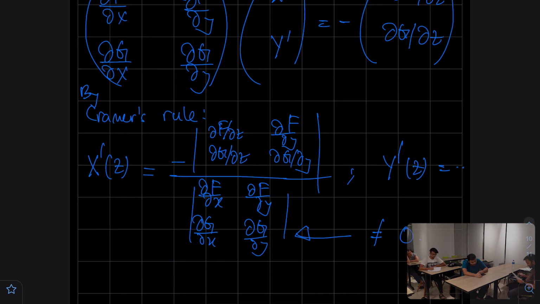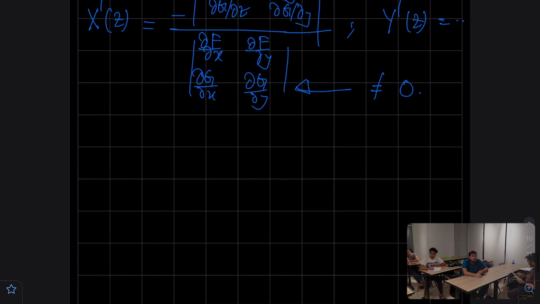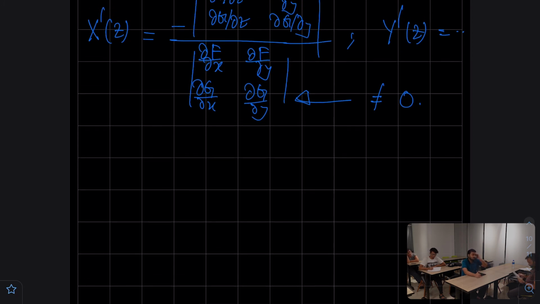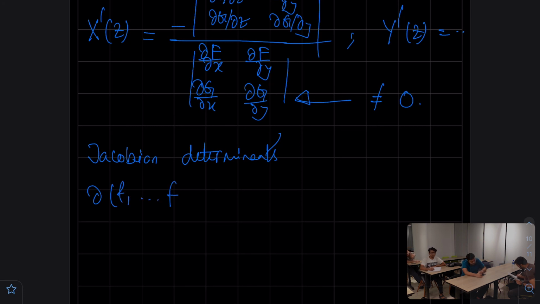So it gives you information of the slopes. So these are called Jacobian determinants. They're defined like this.